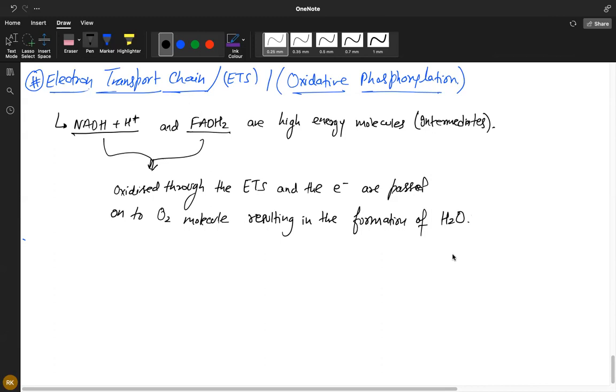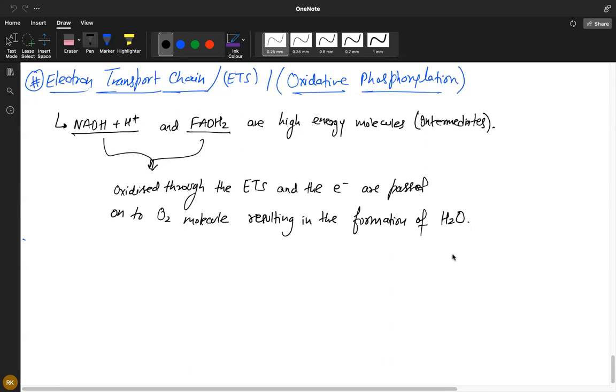So now do you realize why the cell was making NADH and FADH2 in the citric acid cycle and not making ATP directly? It was setting up the stage, the foundation, by making, instead of currency and paper notes, checkbooks and demand drafts, high energy molecules.